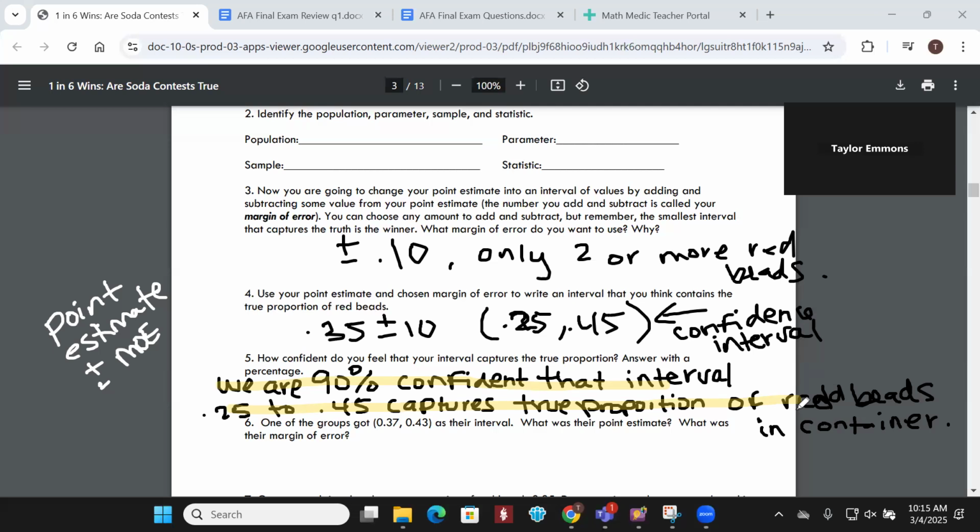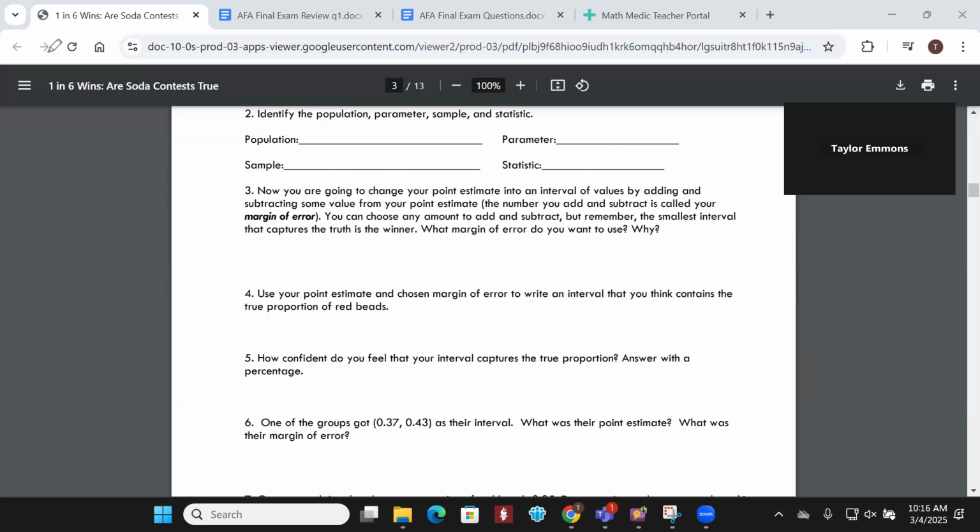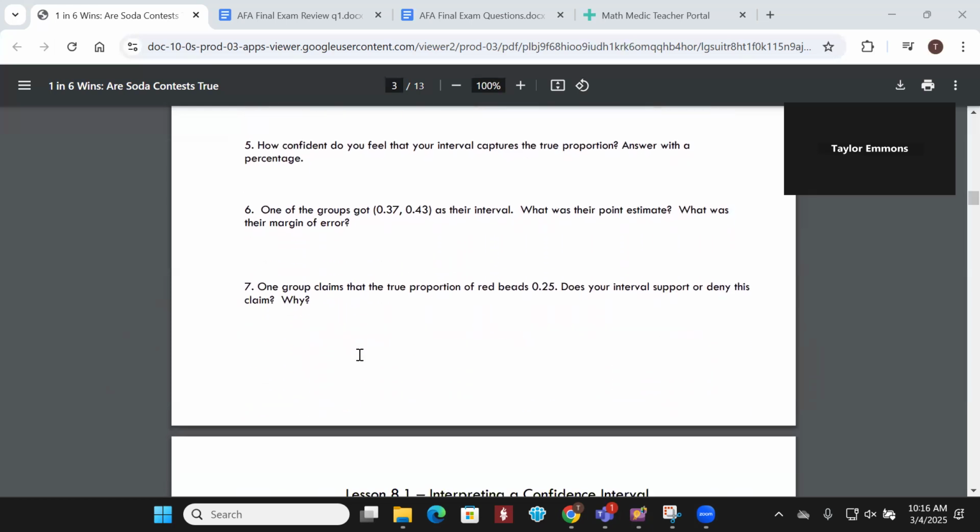All right, one of the groups got 0.37 and 0.43 as their interval. What was their point estimate? He's absolutely right.